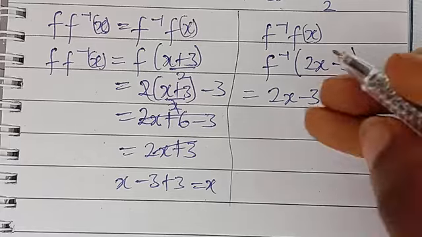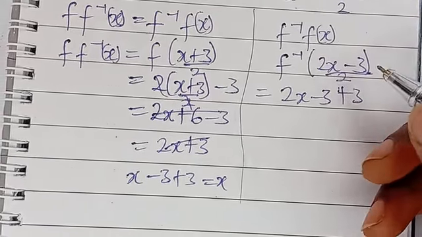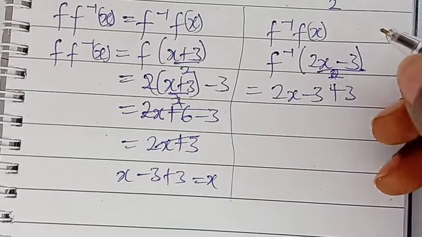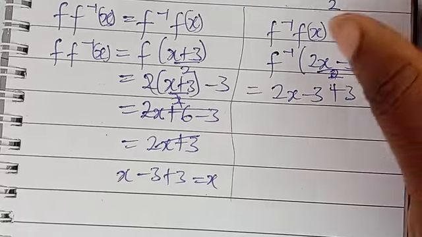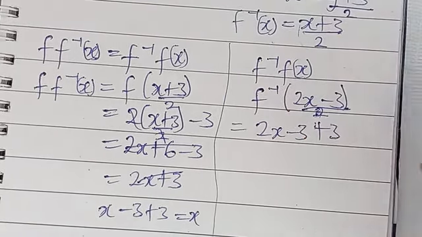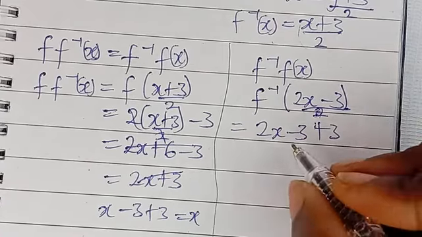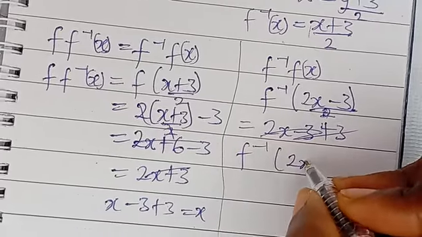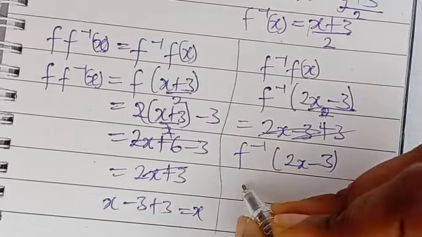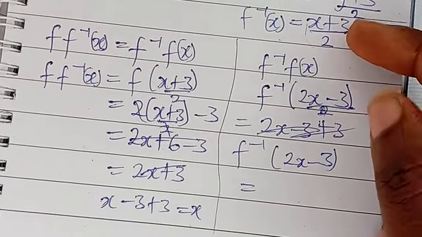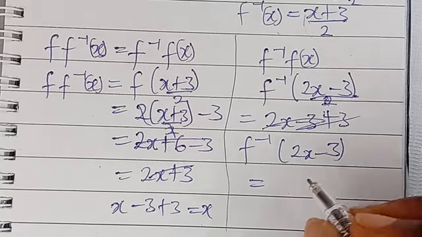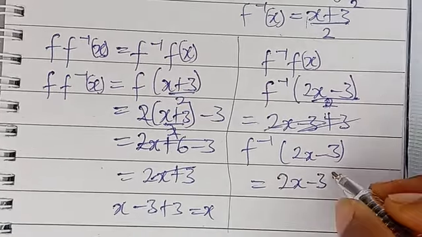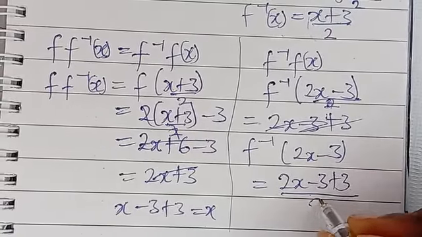Then here, since we are just starting, this is 2x - 3 here. This is f of x. Then for f inverse of x is all this, right? It is (x + 3)/2. So we have that f inverse of 2x - 3 is equal to, wherever we see x, that is (2x - 3 + 3)/2.